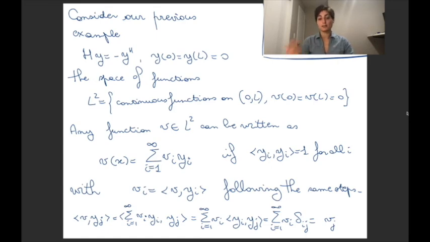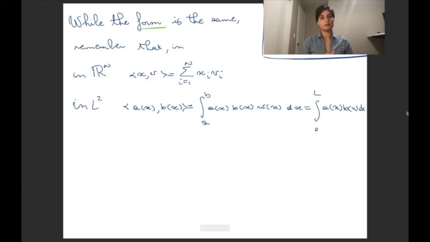And we're following the same steps that we used for the Rn case. Well, the form is the same. In Rn, we're talking about a finite sum of elements, while in L2, we're talking about an integral. When we're using inner products, in Rn, we are matching elements in a vector and summing all of those products up.